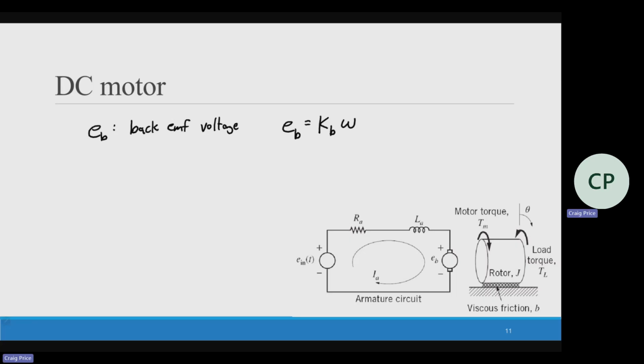This also, the same K sub B relates to the motor torque. So the motor torque is equal to that same constant multiplied by the current. So that is the back EMF constant.